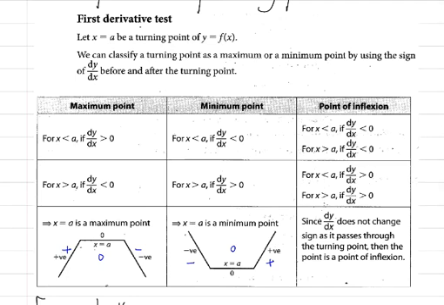If the gradient before and after is the same, what you have is a point of inflection. So again, maximum turning point: positive gradient, 0, and then negative gradient. Minimum turning point: negative gradient, 0, and then positive gradient.